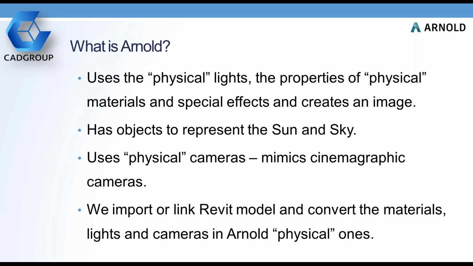There's also obviously special effects, as I mentioned, and by taking the lights and taking the energy from those light sources, complete with all the physical qualities of the light, it then bounces that off the physical materials and alters the light as it bounces off those materials, and then obviously the intensity reduces as it bounces off them. And this all comes together to create an image.